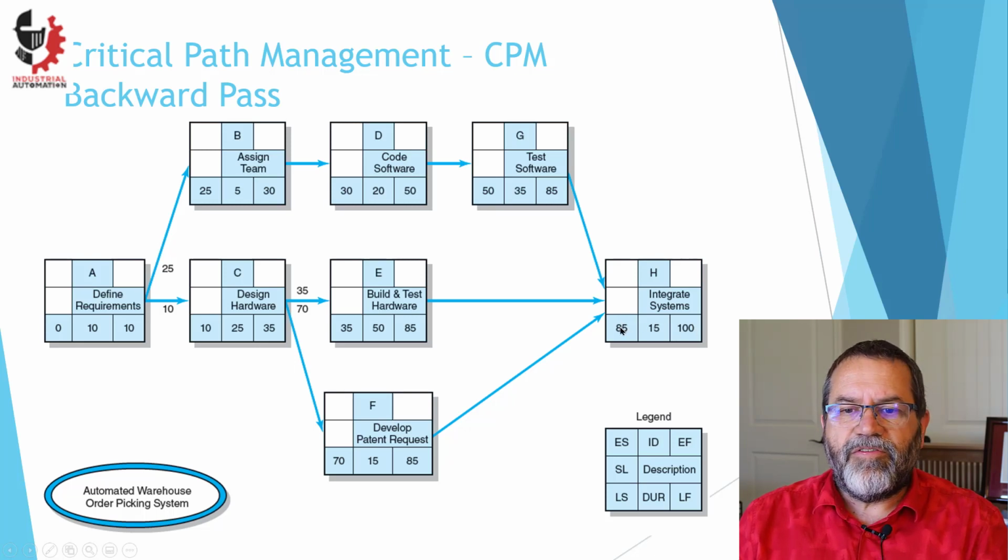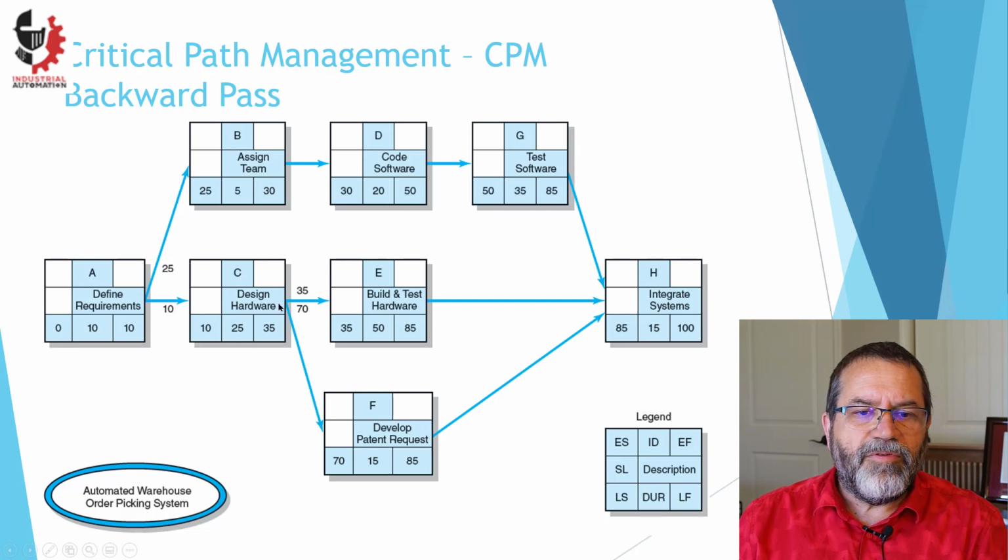The latest finish, the latest start for this guy is day 85. And we work backwards through all of them. So late finish is day 85 minus 35-day duration. Latest start is day 50. And we just work all the way back through them.